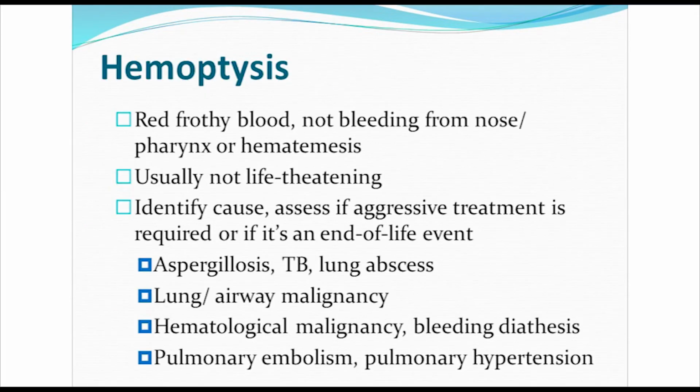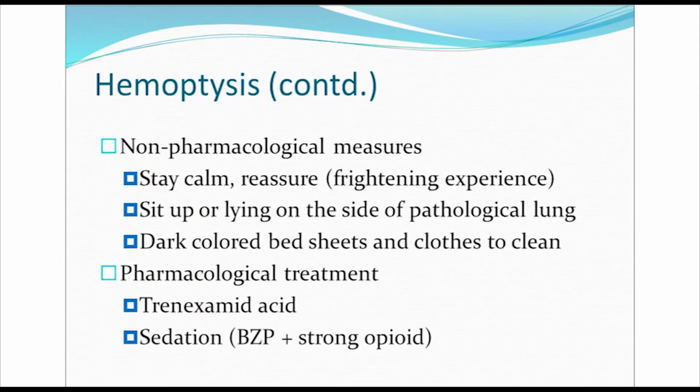And if we know that the child may have a hemoptysis, so bleed while coughing or without coughing, then we need to already tell the parents about that. It is always better if we can plan in advance and say that usually it is not life-threatening unless it is an end-of-life event, but it is something very scary, a frightening experience.